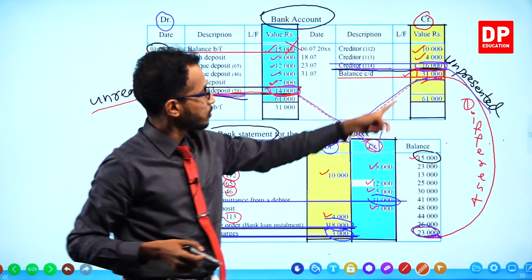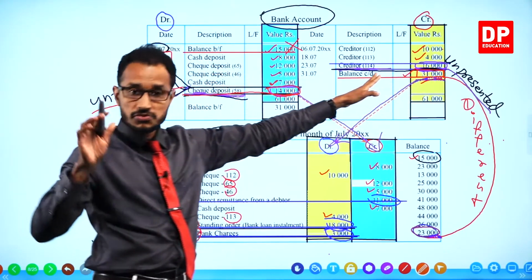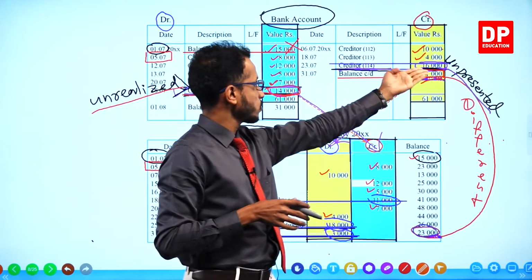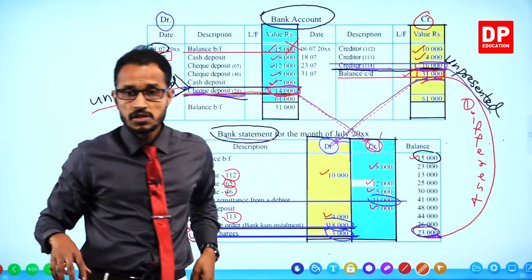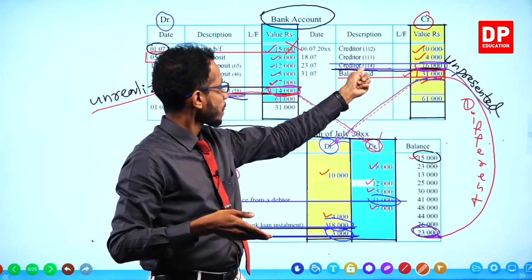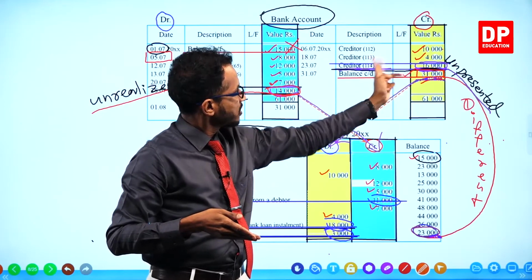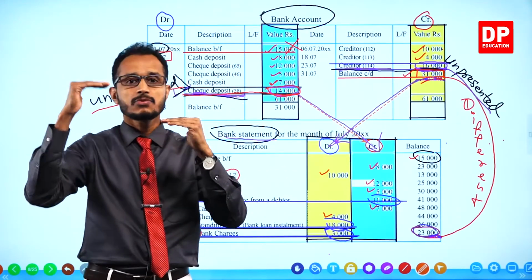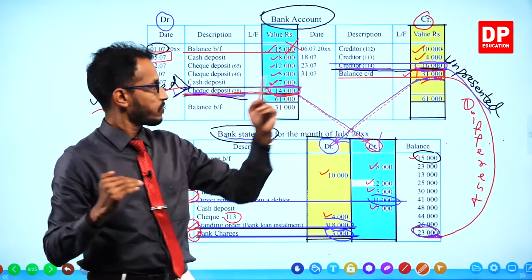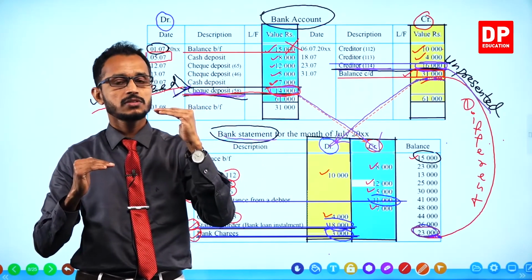Unpresented checks, 16,000. The 16,000 of checks are credited to our bank account, which means we have issued checks to creditors. When the checks are issued, our bank balance decreases. We have credited, and the bank balance has already decreased.